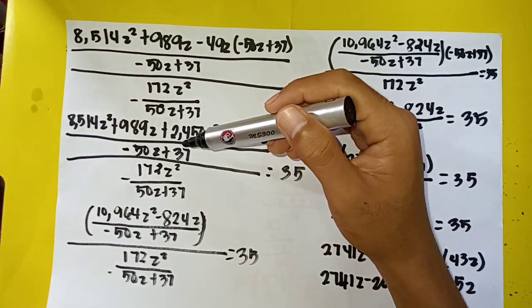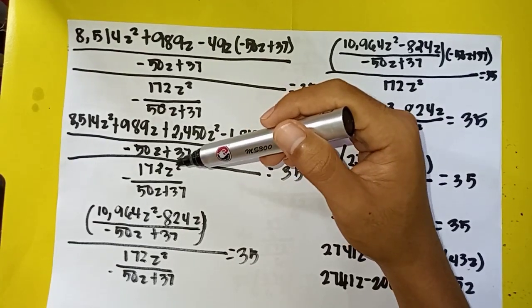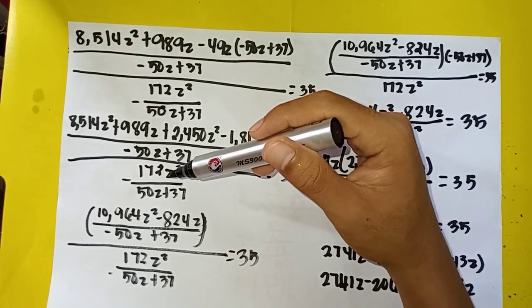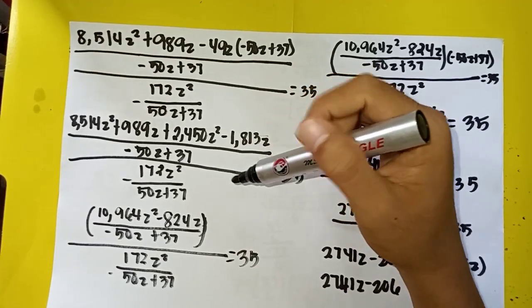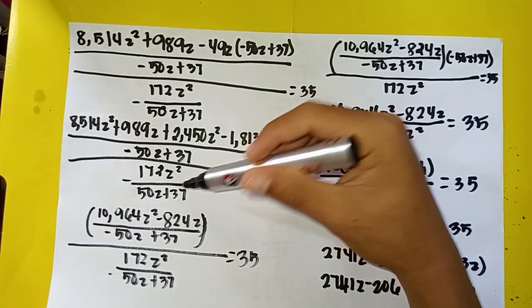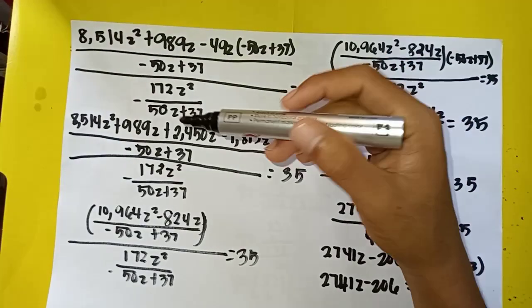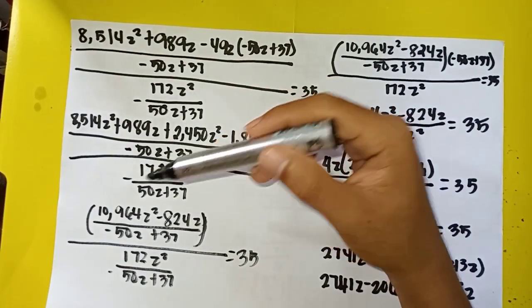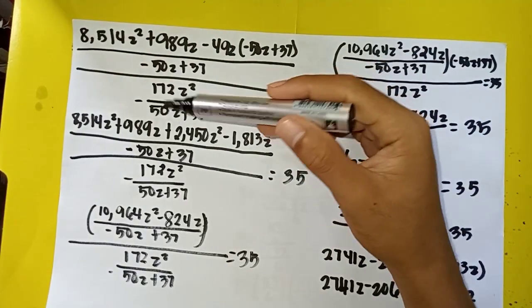Then over negative 50z plus 37 over 172z squared over 50z plus 35 plus 37 rather equals 35. Then next, we will combine like terms.